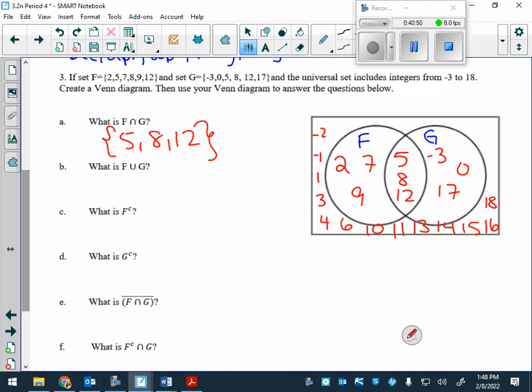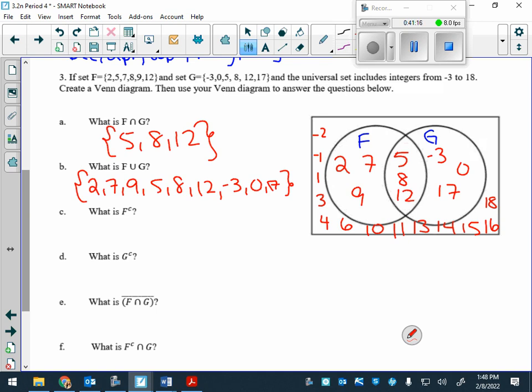All right? What is in F or G or both? Go ahead, Cyan. Perfect. Okay, good. All right, so for the next few, we're going to talk it out.